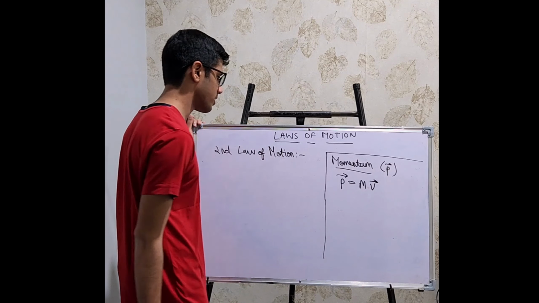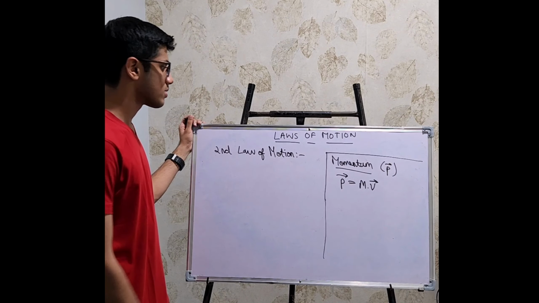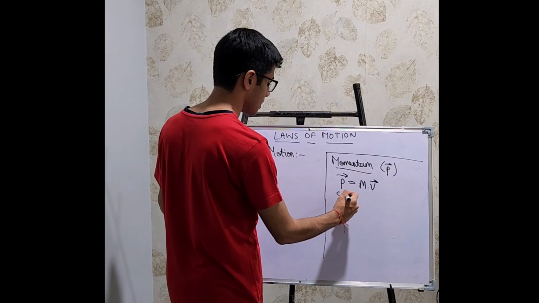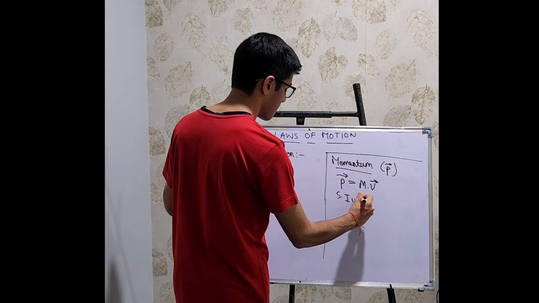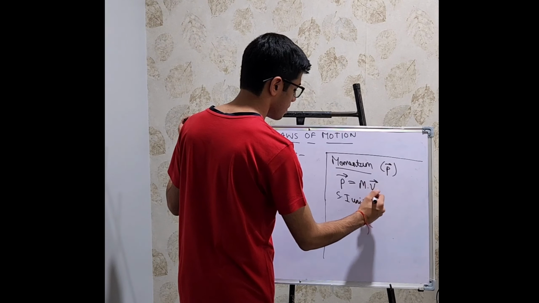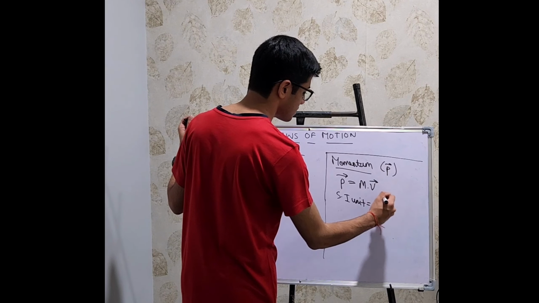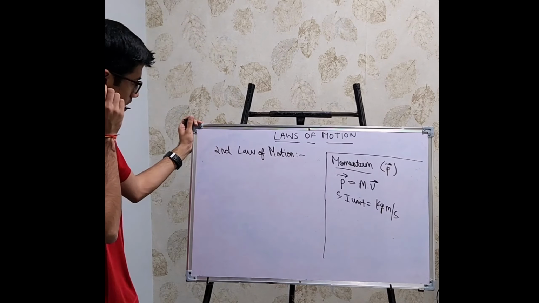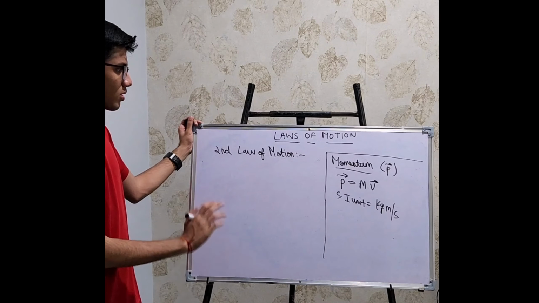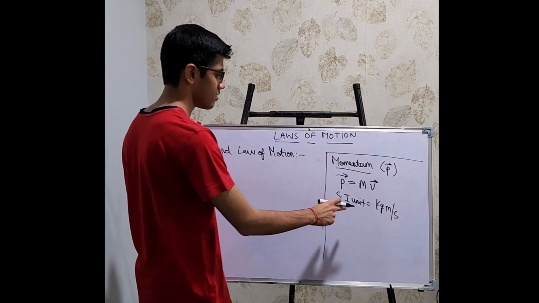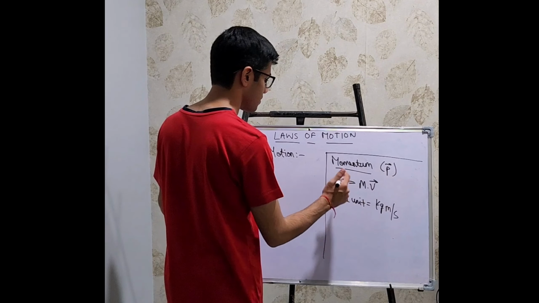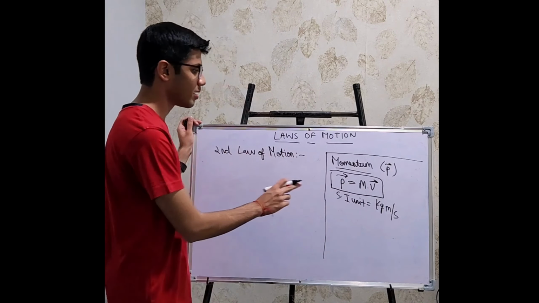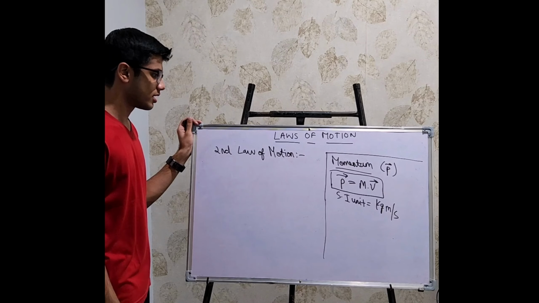Velocity is also a vector quantity. Mass is kg and velocity is meter per second, so momentum's SI unit is kg meter per second. Now we have understood what momentum means. We are not concerned about the SI unit, we are mainly concerned about its formula here. This is the formula of momentum, mass into velocity.